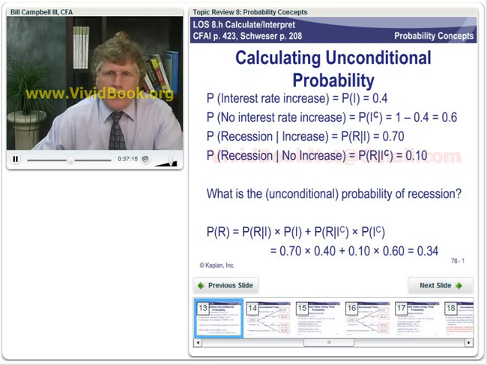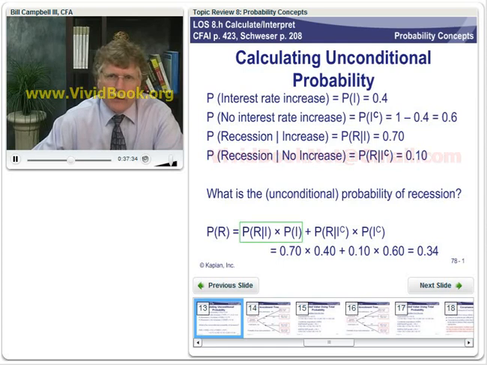So here's the probability of R and I. I'll put a box around that.